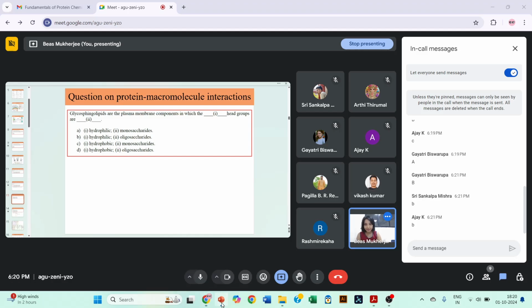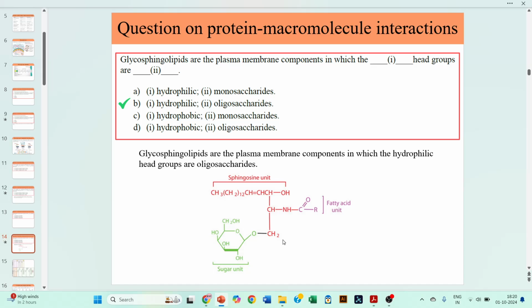Alright, let's see. Yes, that is very correct. So, the sphingosine unit is this long chain with this alcoholic group, right? With this OH group, hydroxyl group. This is the alcohol part. And then you have the sugar unit, and you have this fatty acid unit, which is here, right?